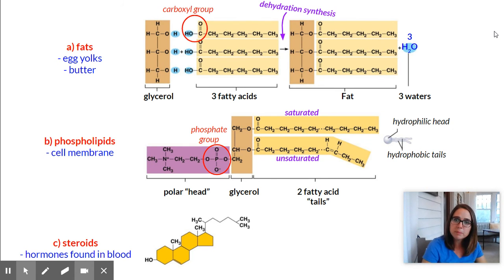The other thing to remember with our phospholipids is the head is hydrophilic, meaning it loves water. The tails are hydrophobic. Because those heads are polar, polar means it's attracted to water. Hydrophobic means water-fearing, just like fats in general don't mix well with water.